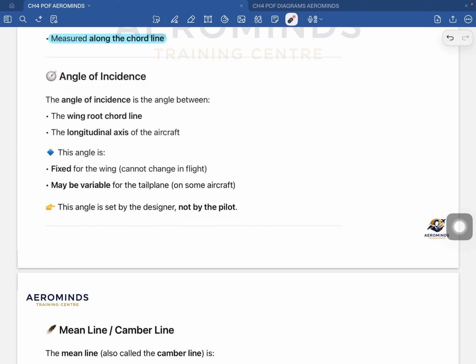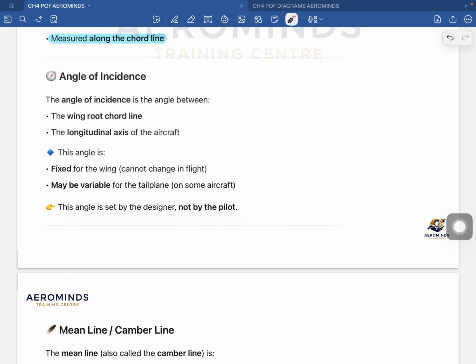The pilot cannot change it. Pulling or pushing the control column or doing anything else will not change the angle of incidence. However, on some aircraft this angle may be variable on the tail plane. That means the tail plane angle can be adjusted in some designs, usually for trimming purposes. A very important point for your exam and for understanding: the angle of incidence is set by the designer and not by the pilot.